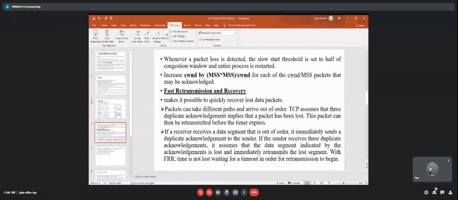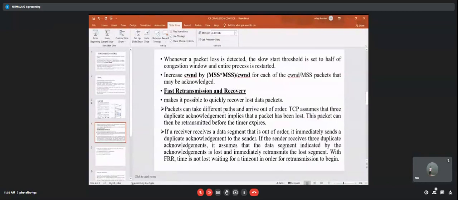If a receiver receives a data segment that is out of order, it immediately sends a duplicate acknowledgement to the sender. If the sender receives three duplicate acknowledgements, it assumes that the data segment indicated by the acknowledgement is lost, and it immediately retransmits the lost segment.